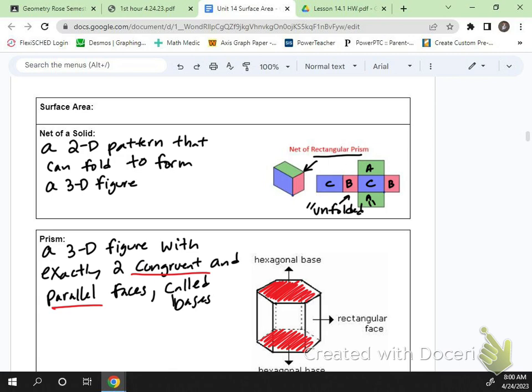We've got six rectangular faces and two bases. How many sides in total for this hexagonal prism? 8. You're going to be asked that a lot, okay? So again, this is just an example. We're going to look at different prisms today. Questions?